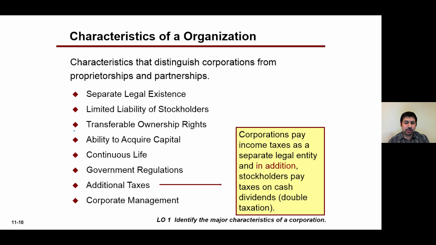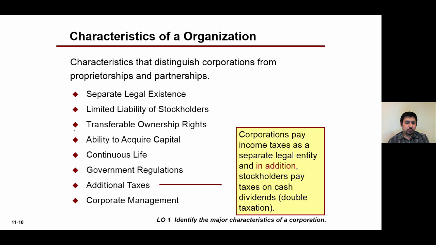Another disadvantage is that because corporations have a separate legal existence, they have to pay income tax because it is a separate entity. So the corporation will be paying income tax on net income before any dividend is paid to shareholders.